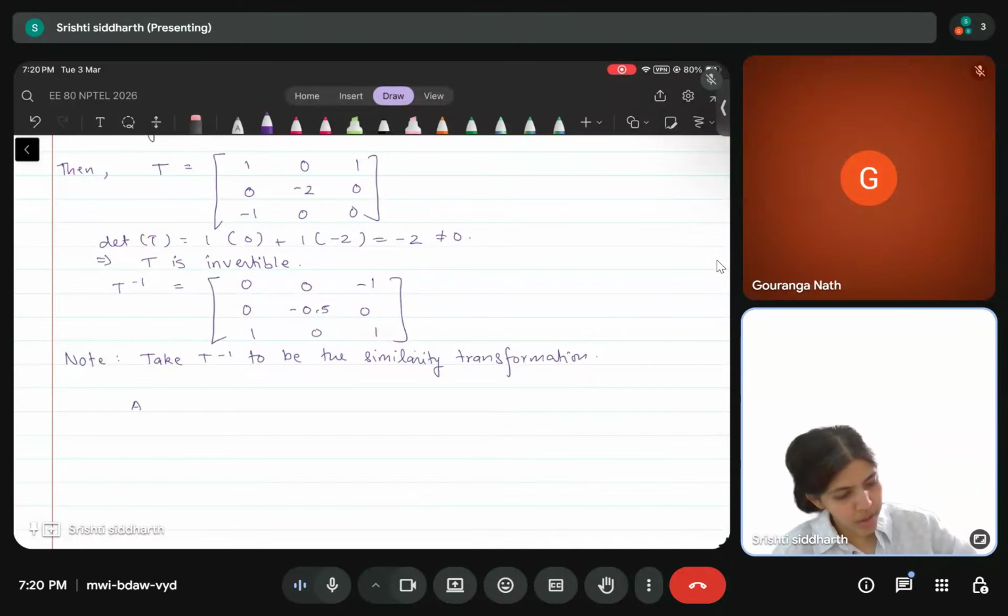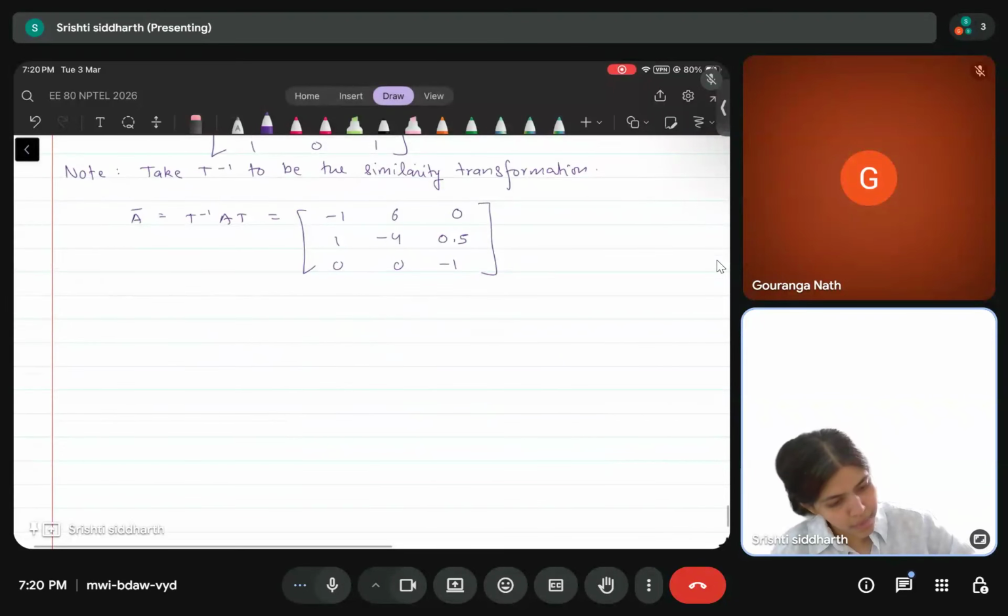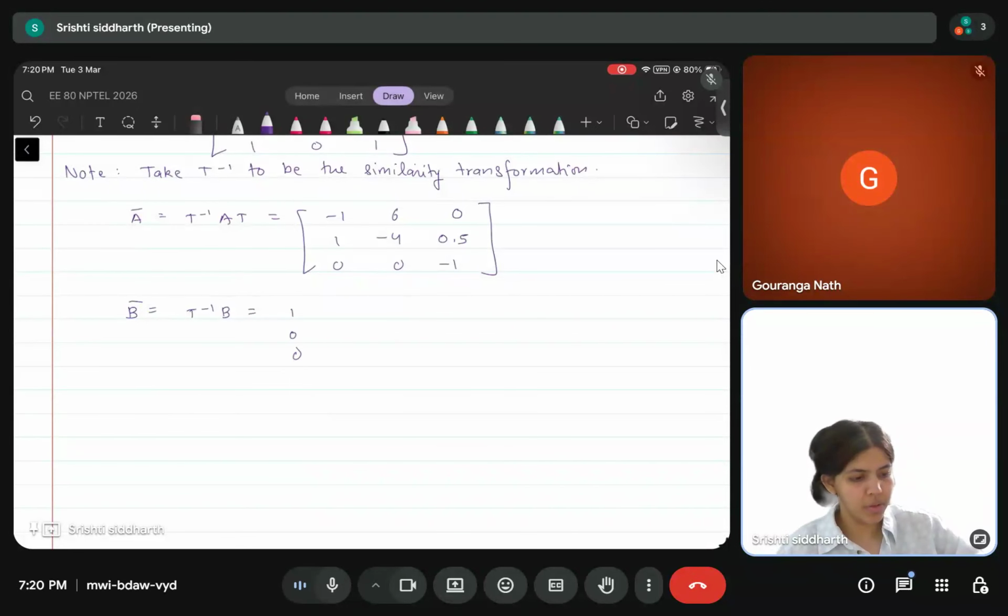Get the new A bar as T inverse AT instead of T inverse. This is minus 1 6 0, 1 minus 4 0, 5 0 0 minus 1. B bar is T inverse B instead of TB. Is it 1 0 0?